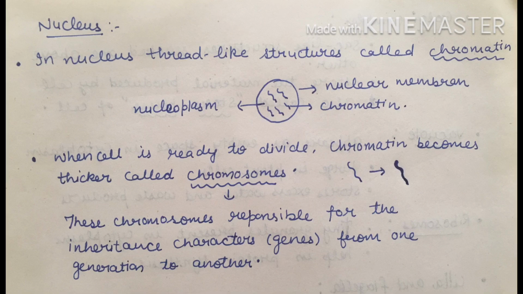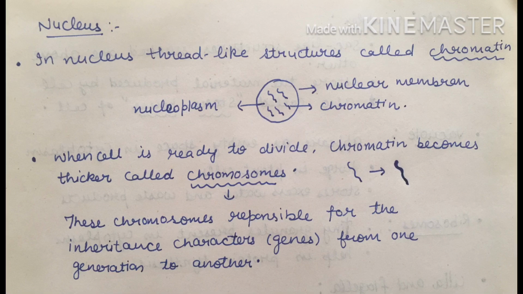When the cell is ready to divide, these chromatin become thicker and thicker, and these thicker structures are called chromosomes. These chromosomes are responsible for the inheritance of characters, that is, genes, which transfer from one generation to another.